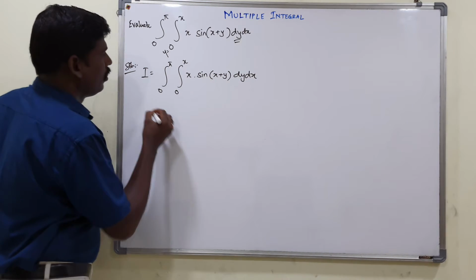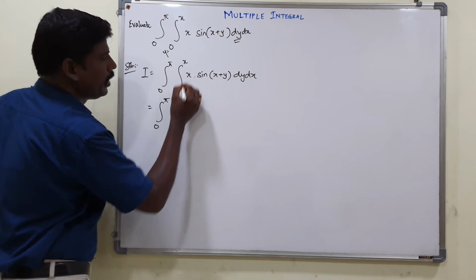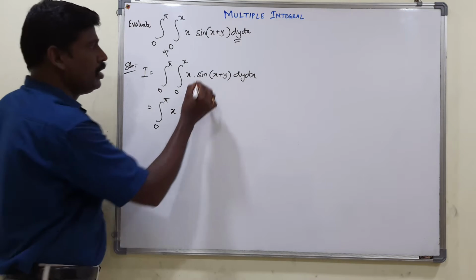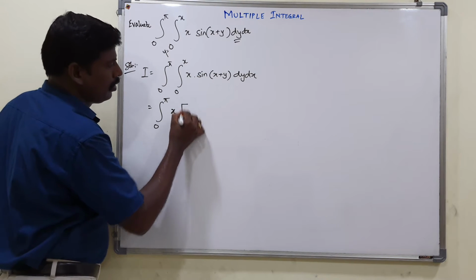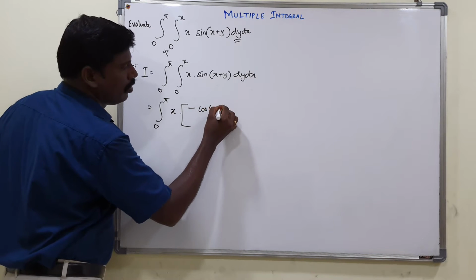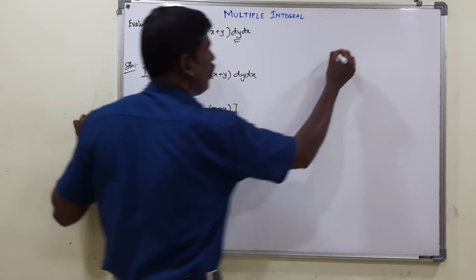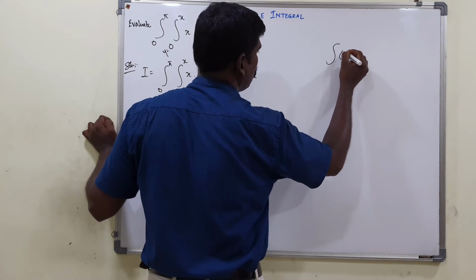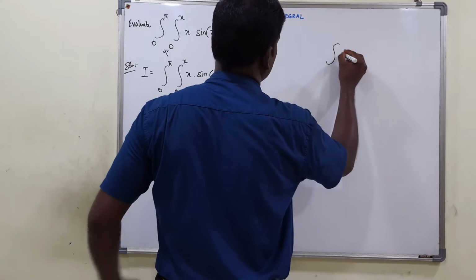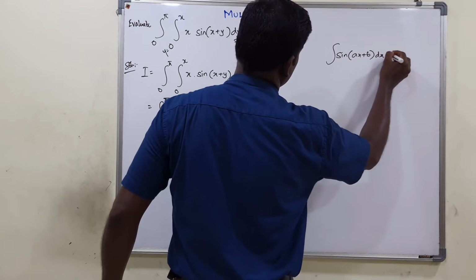Okay, right. Here I am going to integrate with respect to y. x can be treated as a constant, so keep it the same. It is in a product, that's why I keep it the same. So what is the integral of sine of x plus y? What is the integral of sine of ax plus b?